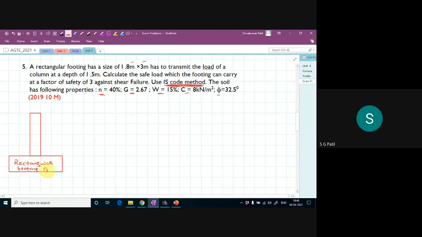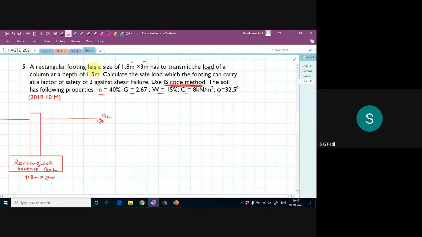So this is B by L. What is the B by L here? 1.8 meter by 3 meter. 1.8 by 3 meter. And this is my ground, so this is the ground level.